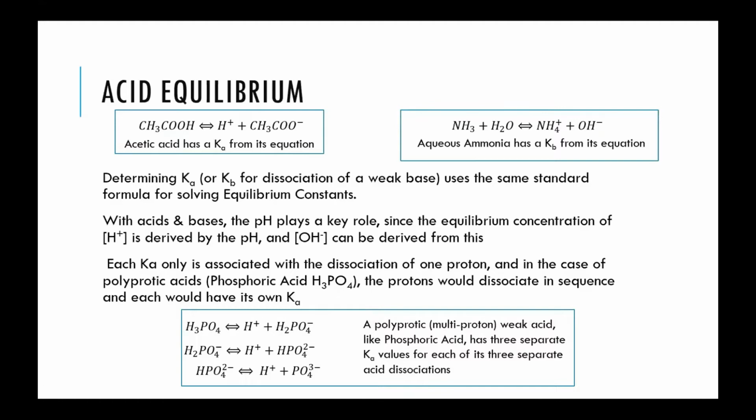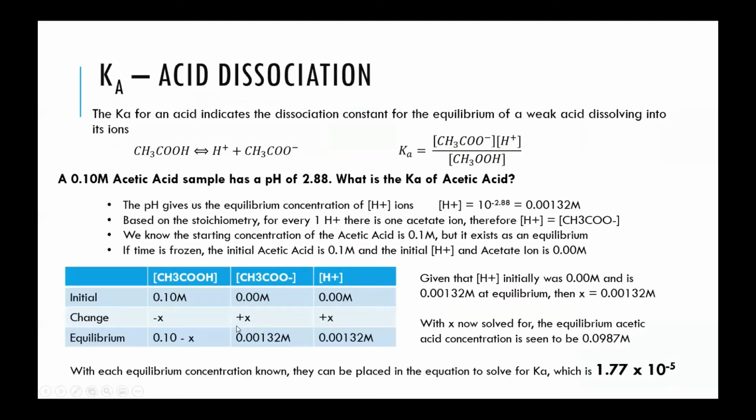That means it does not break apart all the way, and each one of these H+ ions breaks off one by one. So in the case of phosphoric acid, there are 3 separate equilibrium constants to dictate each one of these 3 separate reactions.